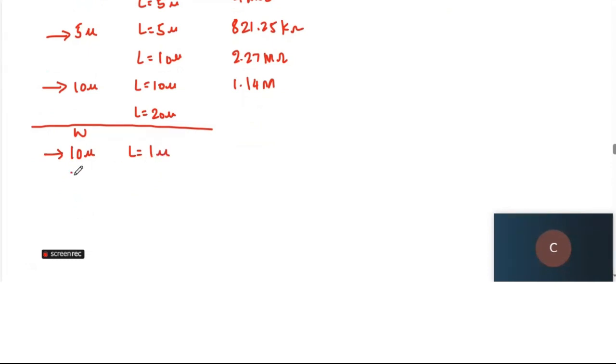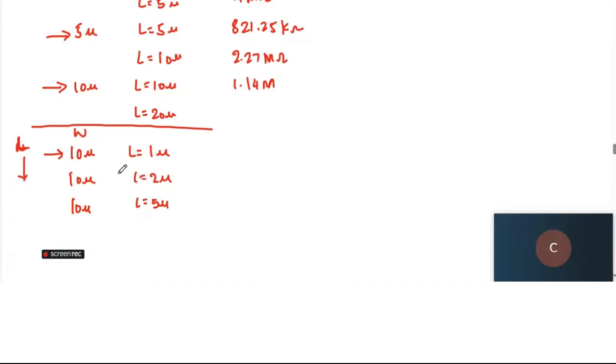L is small, and again 10 micro, L is 2 micro, 10 micro, L is 5 micro, and then we anyhow know L is 10 and W is 10. We have this one. So I'm just trying to make sure that the value of L is smaller than W. Let's try to do that.